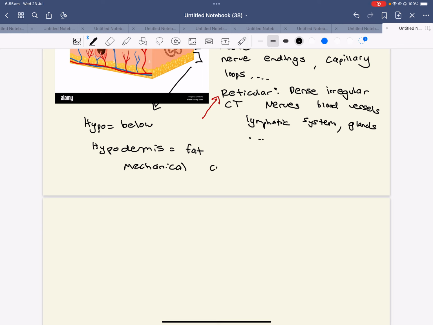Mechanical cushioning and it also does energy storage. Okay?